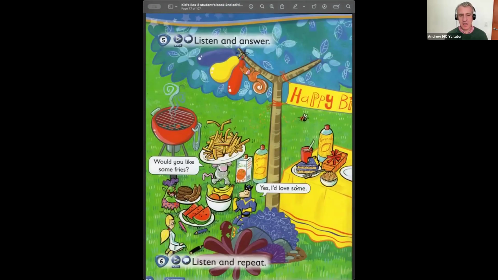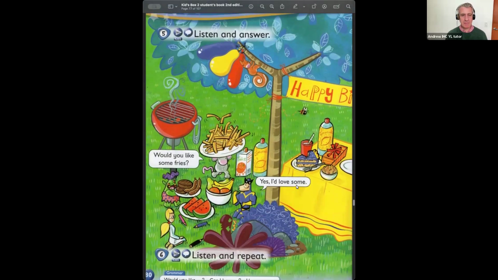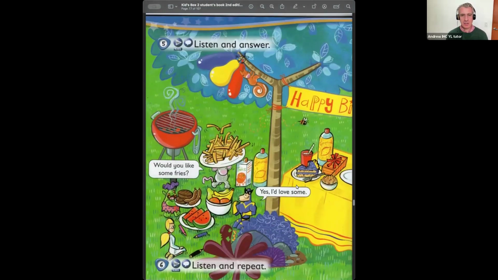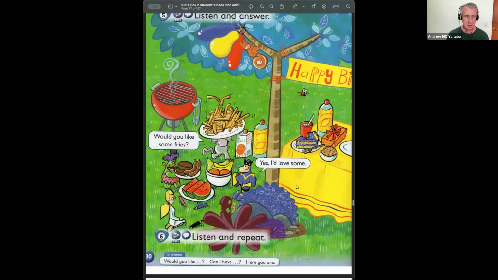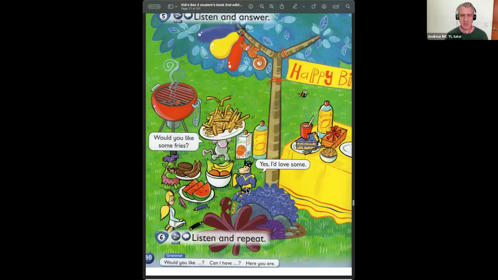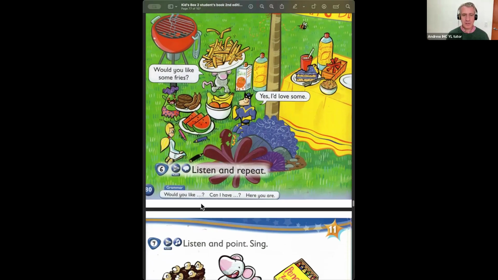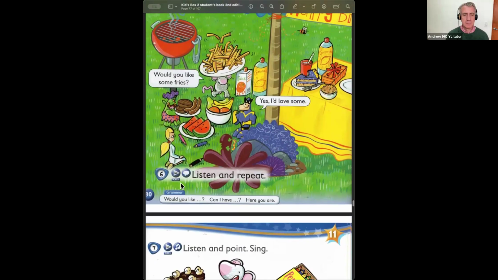So you could use this as your lead in. What's the situation? It's a birthday party in someone's garden. You could maybe elicit some of the characters. They don't know the names of these little personajes, but they run throughout the course book. So it'd be useful if you could say, well, he's a superhero, and what's her name? There's a little monster. He's got a name as well. I don't know what his name is, but have a look in the teacher's guide. It will tell you what their names are.